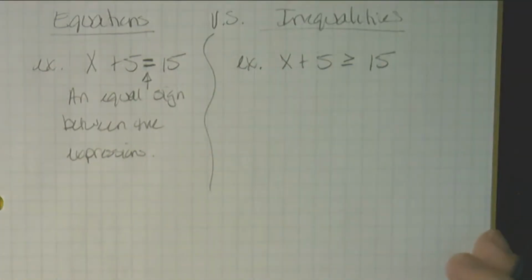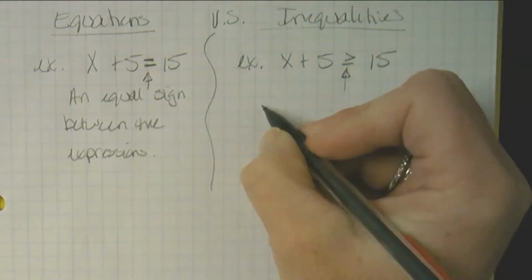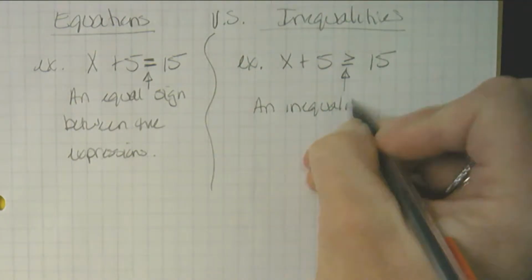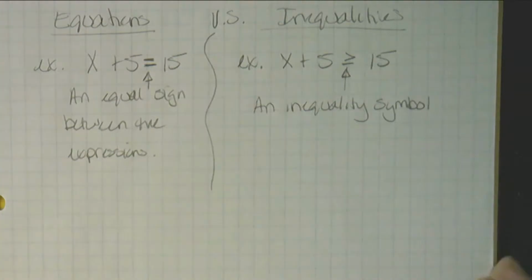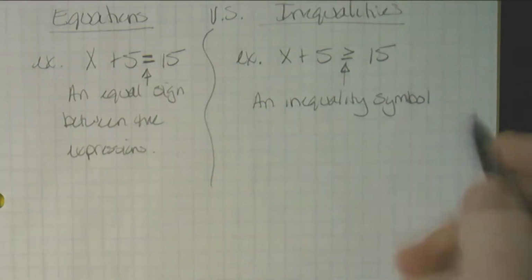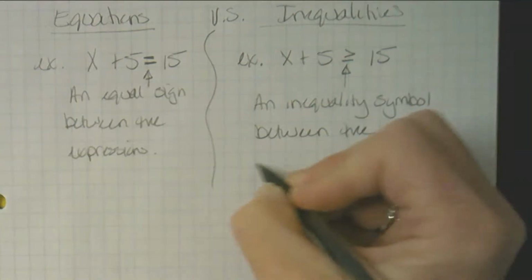This is one such inequality symbol. Not a not equal to. Colin, that would be equal sign with a line through it. That means they're not equal to each other. This is an inequality. Okay? So an inequality symbol between the expressions.